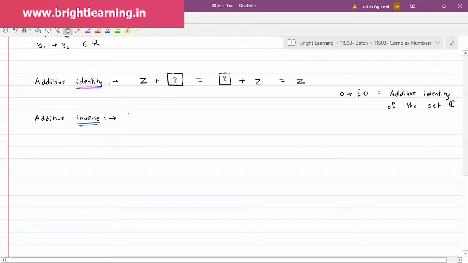Sir, additive inverse is that number with respect to Z1. I will give you some Z1. With respect to Z1, find some number which, when added to that number, the answer should be the additive identity.